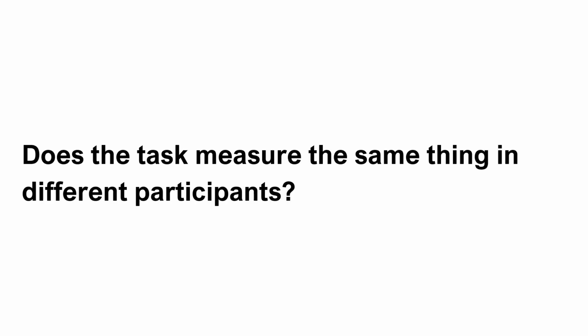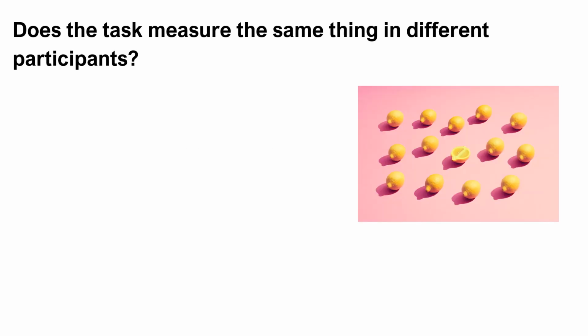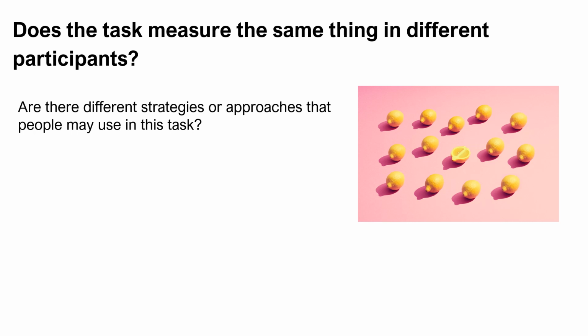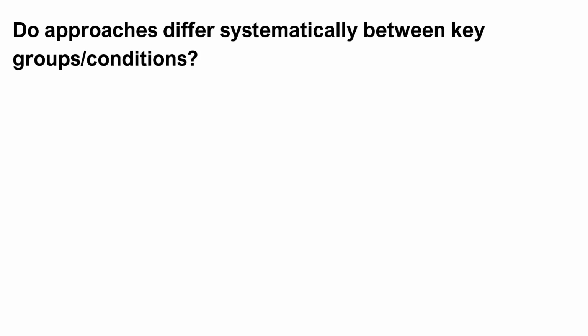And finally, as a more general, broader point, we can think about whether a given task measures the same thing in different participants. So you can reflect on whether there might be different strategies or approaches that people might use when presented with a task. And do approaches differ systematically between key groups and conditions?